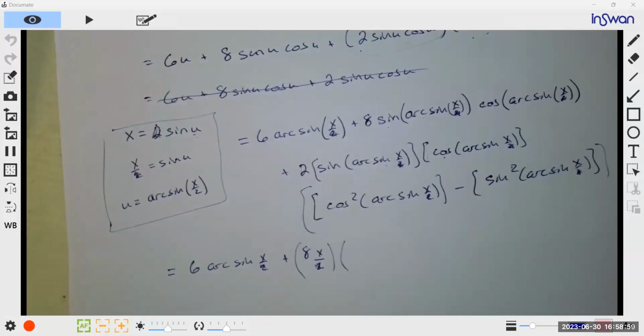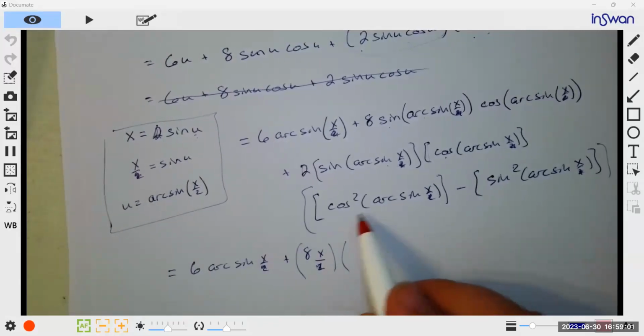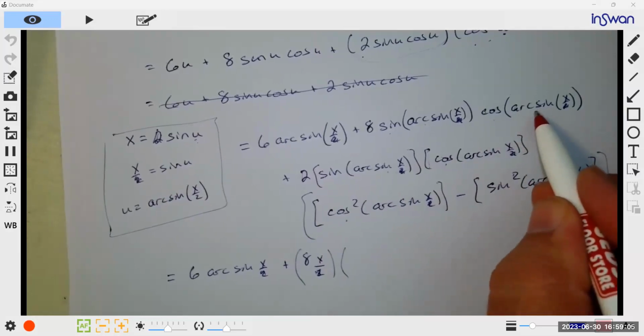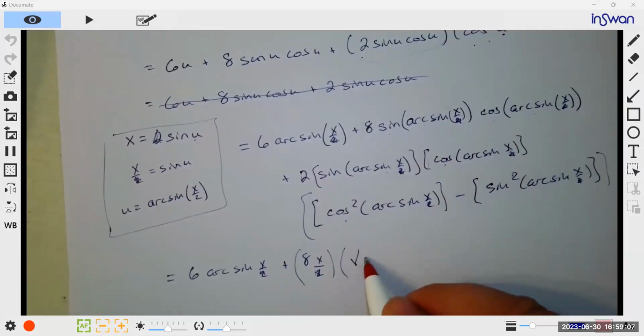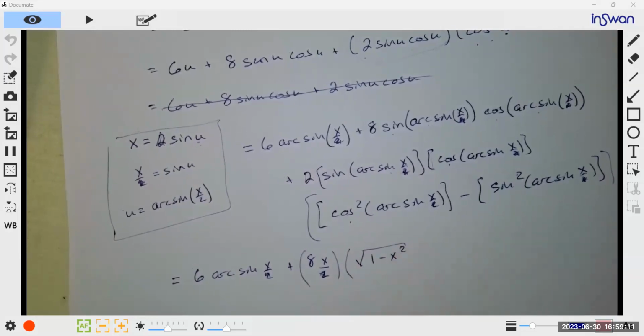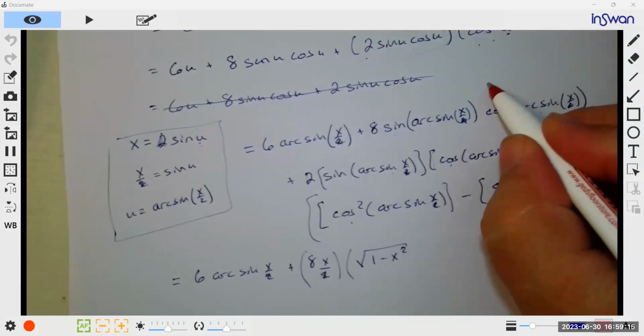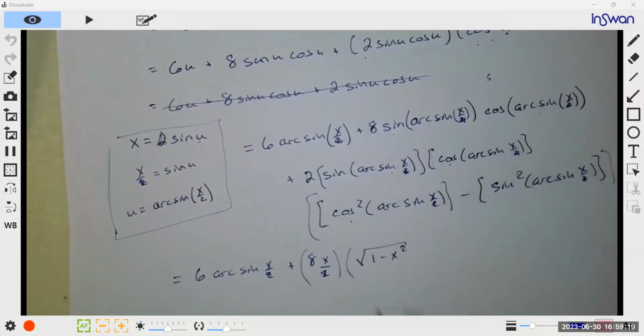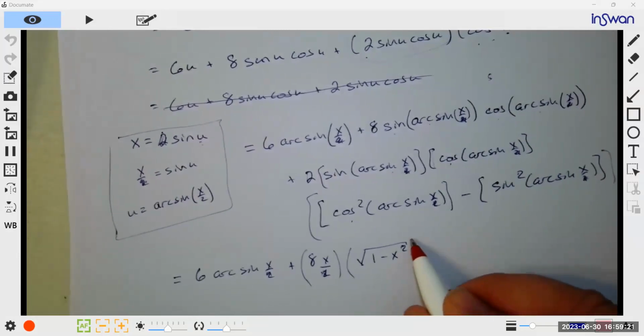It'll give us relatively the same answer, but the cosine of arcsine is going to be the square root of 1 minus x squared. Remember, sine is x, cosine is y. So that's what I'm solving for.